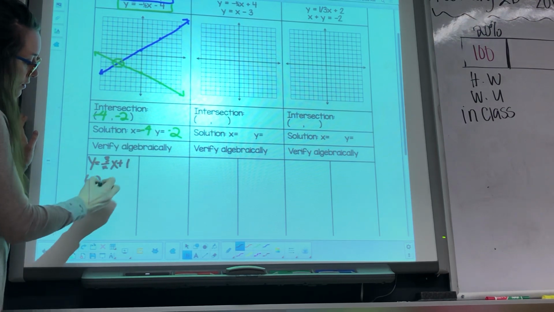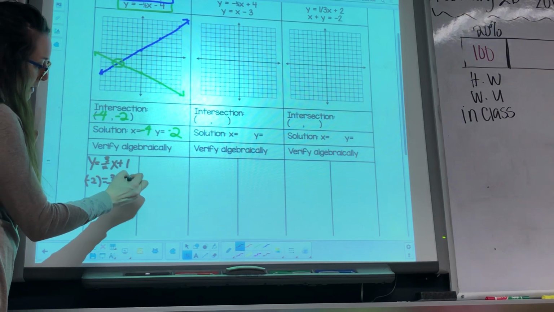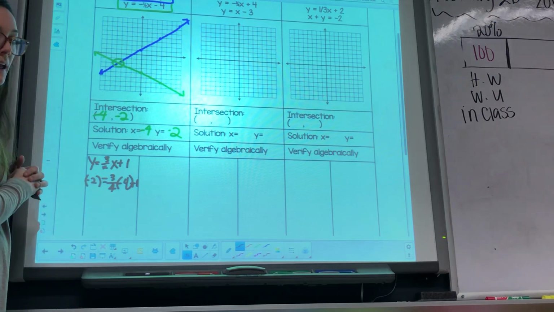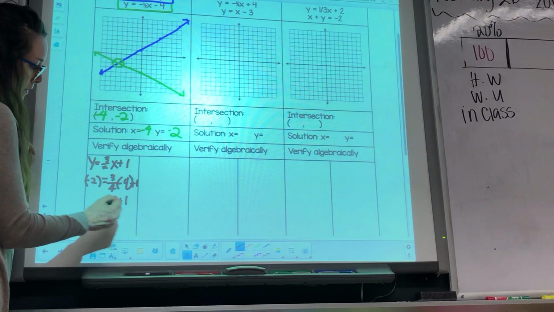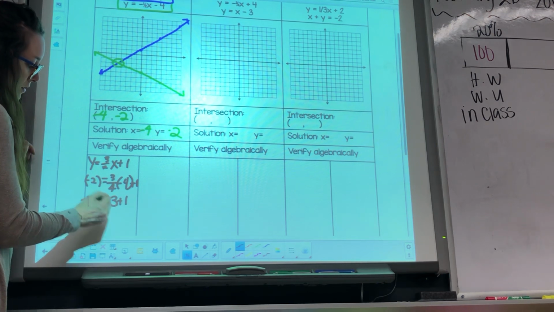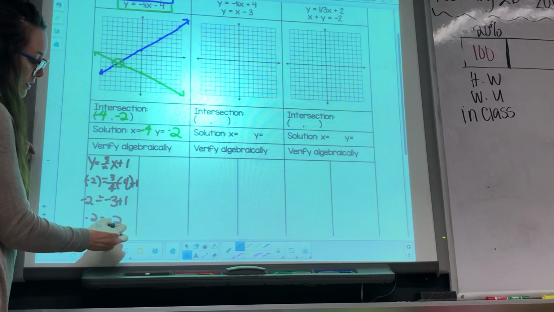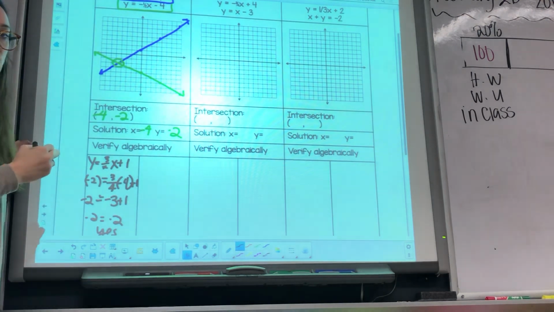Does -2 equal 3/4 of -4 plus 1? Well, 3/4 of -4 is -3 plus 1. Does that equal -2? So we know that this solution satisfies this equation.